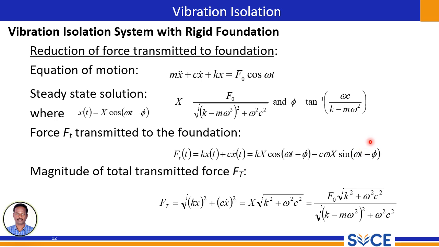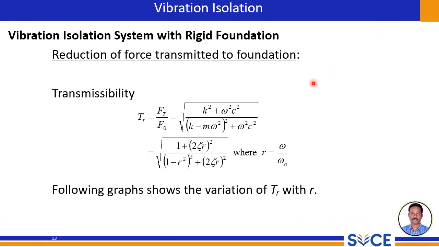I conclude in this slide that the mathematical framework for analyzing the vibration isolation system we derived, the equation of motion, steady state solution, and transmitted force expressions, allows us to understand and predict the system's behavior. By understanding this relationship, we can design effective vibration isolation systems.